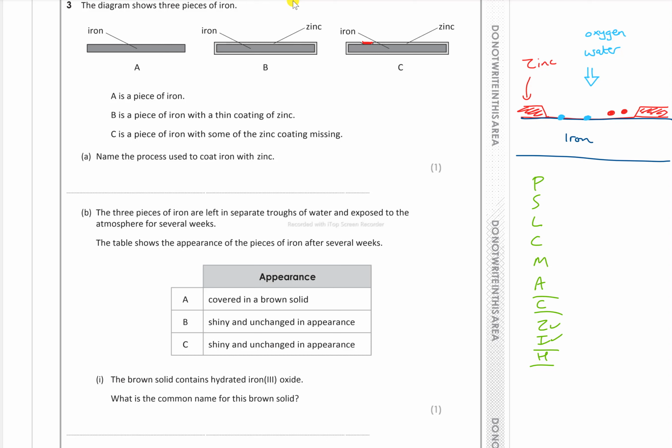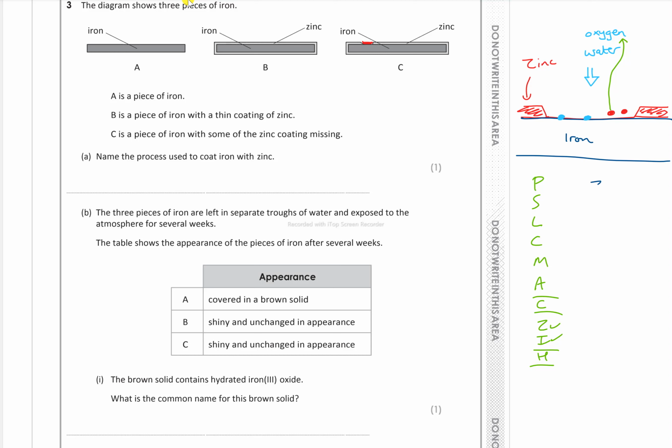So because zinc is more reactive than iron, zinc will react with the oxygen. Sorry, it doesn't react with the water. I'll take that back, although water is present if iron was to rust.